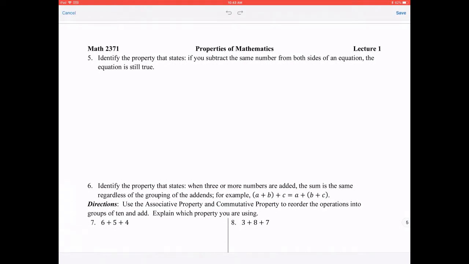So, identify the property that states if you subtract the same number from both sides of the equation, it is still true. How about the subtraction property of equality? Subtraction property of equality.